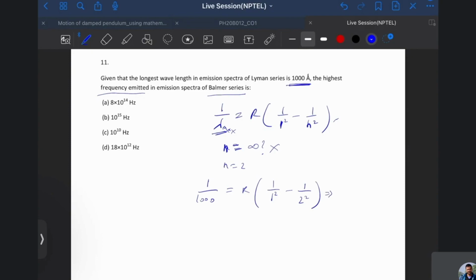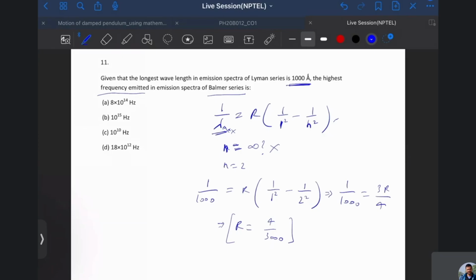That is 1 by 1000 is equal to 3R by 4, right? So from here you can calculate the value of R, which is 4 by 3000, correct? Rydberg constant for now.